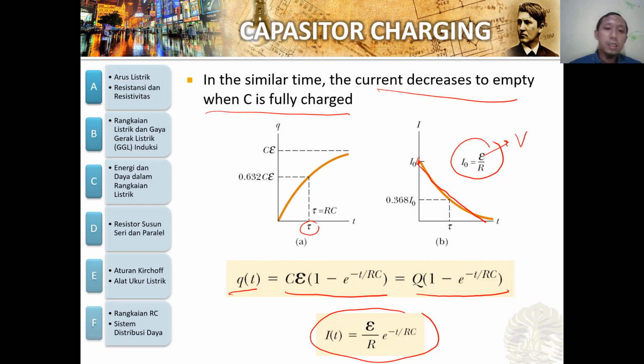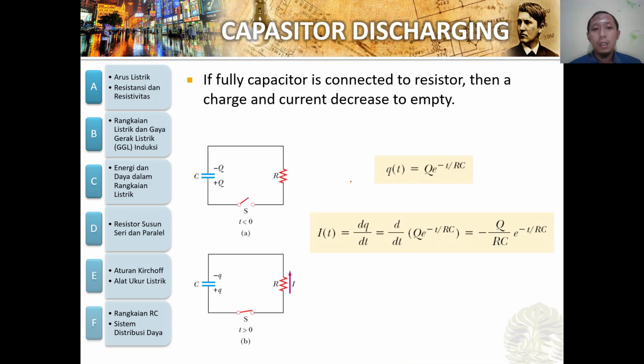So what is the tau? Tau is the time when the charging of the capacitor reaches 63.2%. So it's like this one. This is 63.2% of the fully charged. So this is the tau.